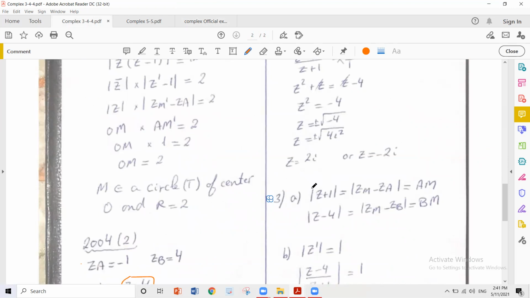So here, modulus of Z plus 1 equals modulus of Zm minus Za equals AM. Modulus of Z minus 4 equals modulus of Zm minus Zb equals BM.